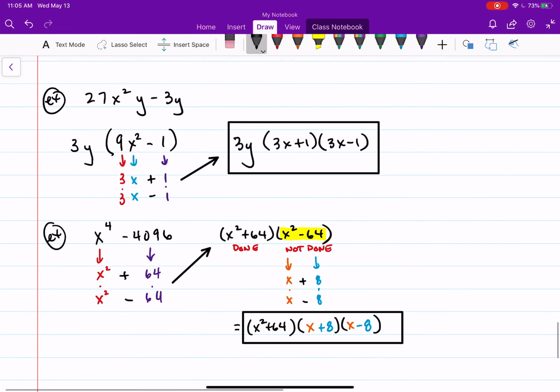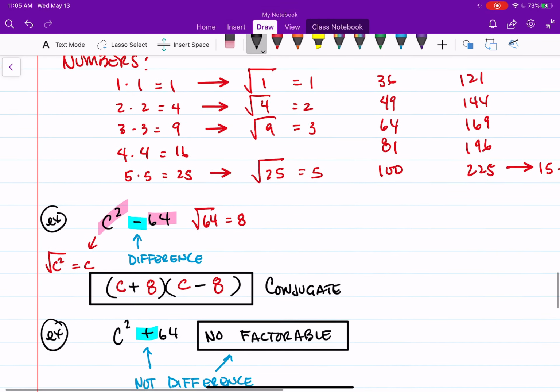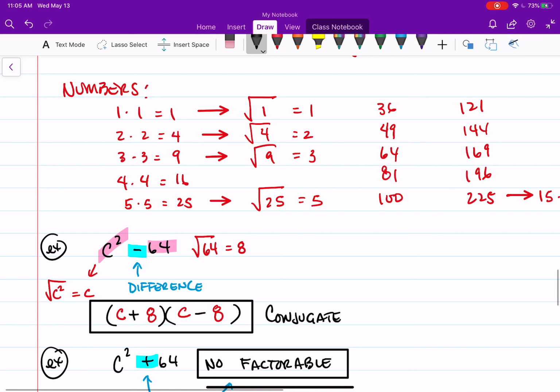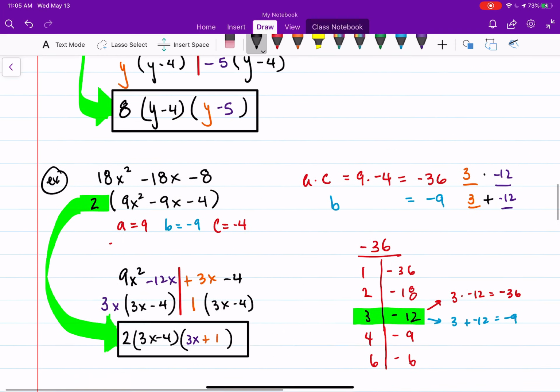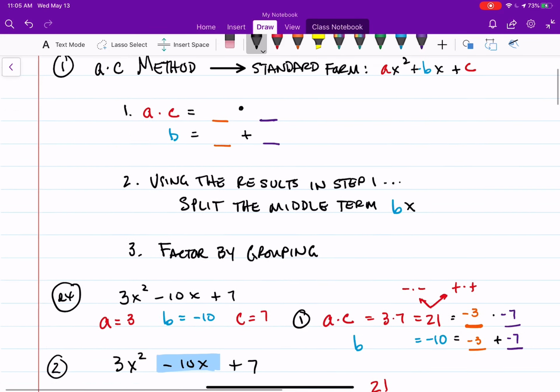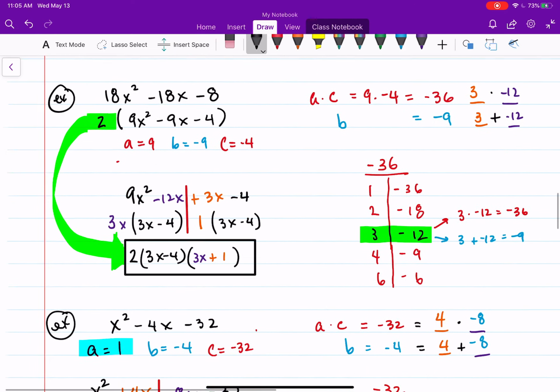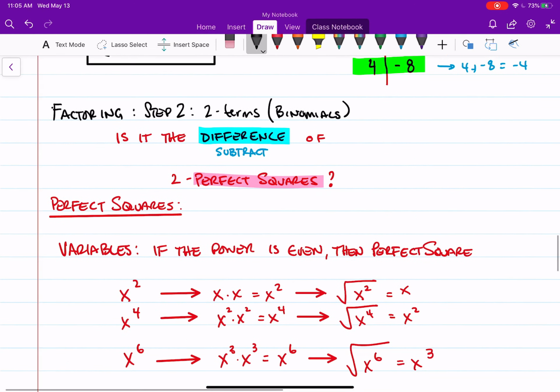Got that? All right. So again, I did 2 step 2s here. So the step 1 was GCF, and then we did 3 step 2s. One was 4 terms, which is factor by grouping. One was 3 terms, which was the AC method or trial and error. And then the third step 2 was 2 terms.